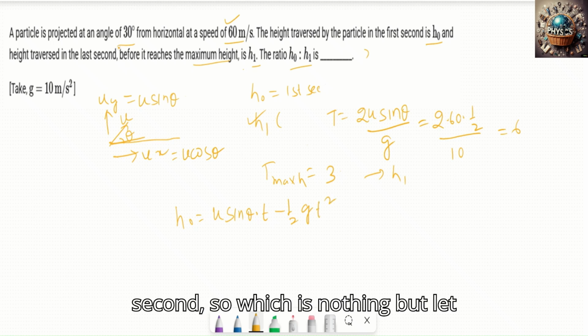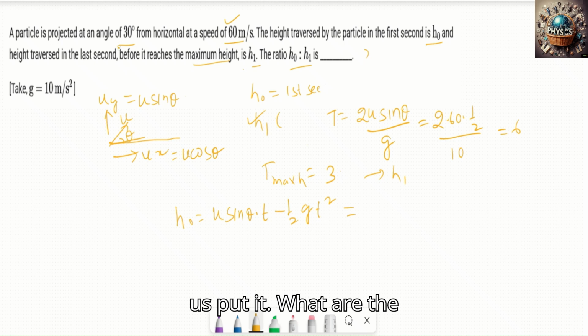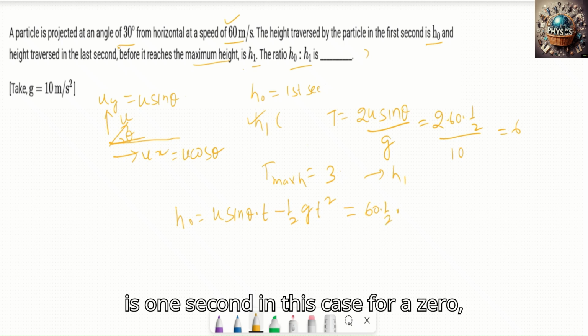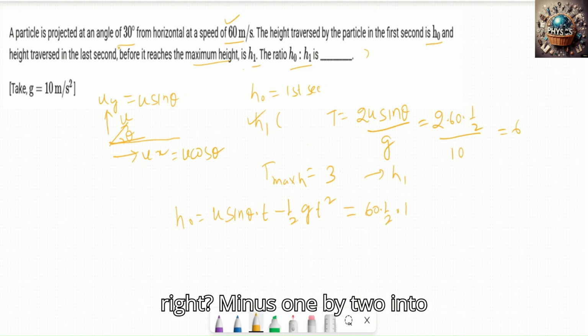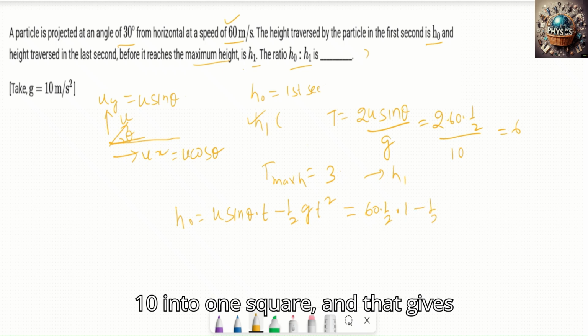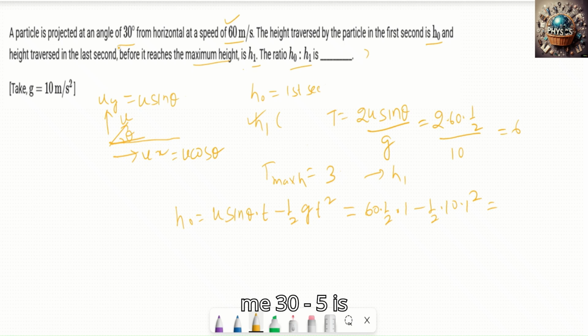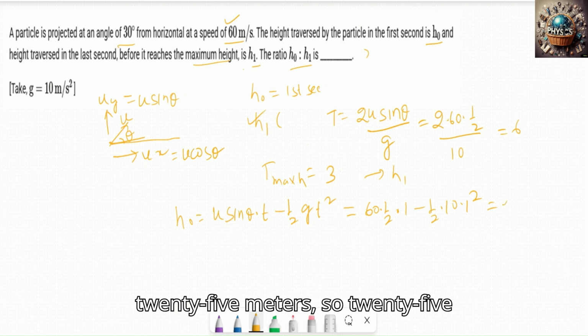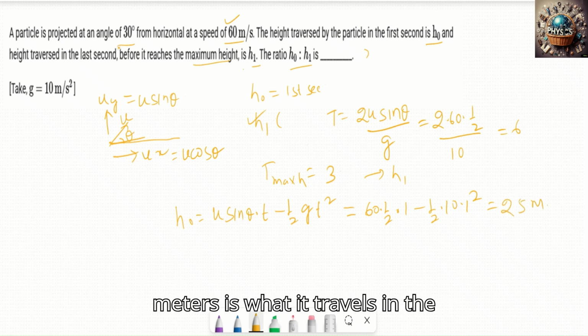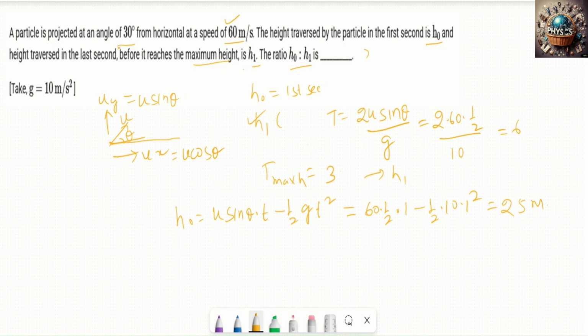Let us put in the values: 60 into 1 by 2 into t, where t is 1 second for h0, minus 1 by 2 into 10 into 1 square, and that gives me 30 minus 5, which is 25 meters. So 25 meters is what it travels in the first second.